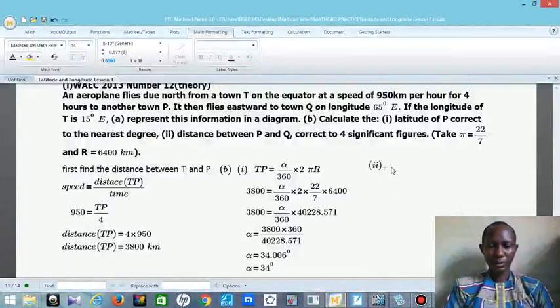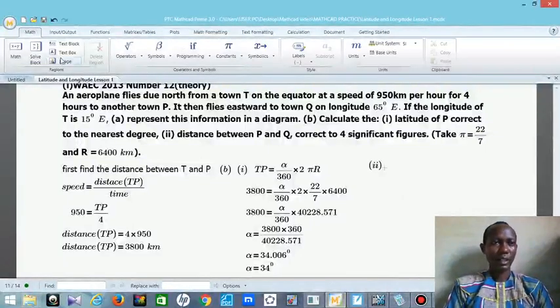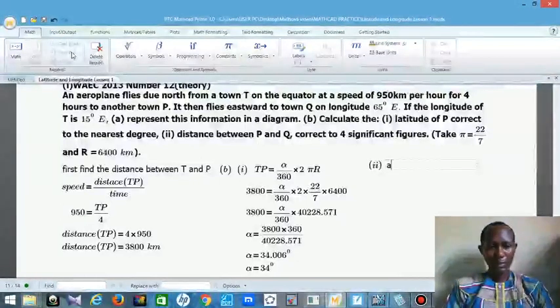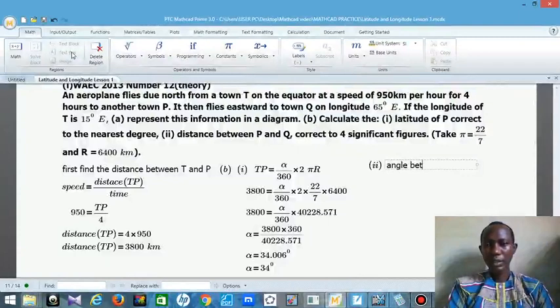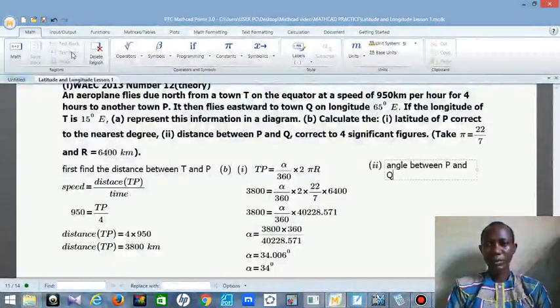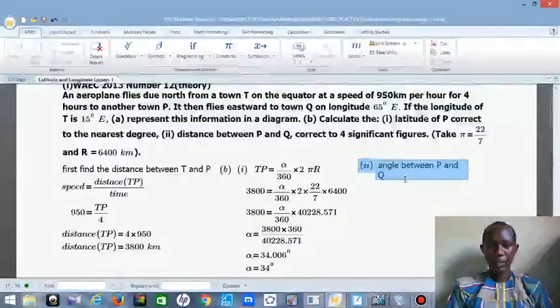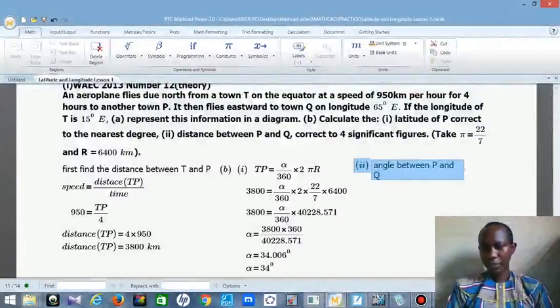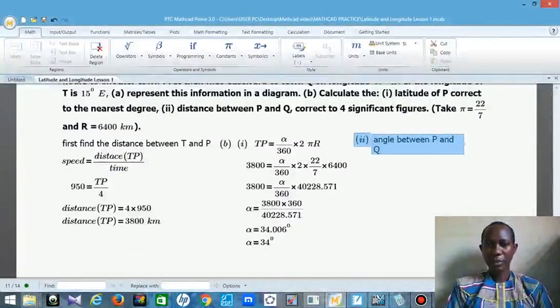So the angle between P and Q will give us what now? Let me rise up so that we can view it very well.